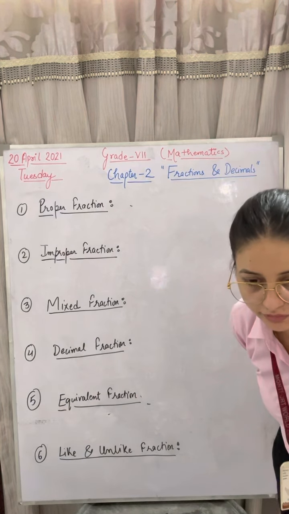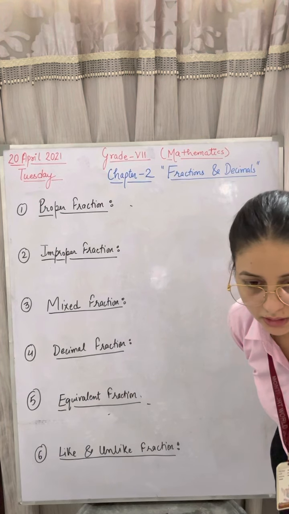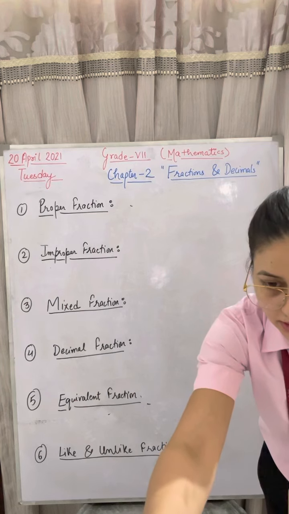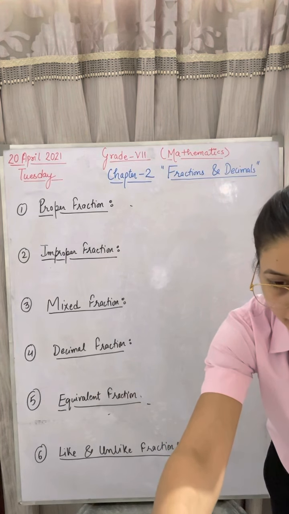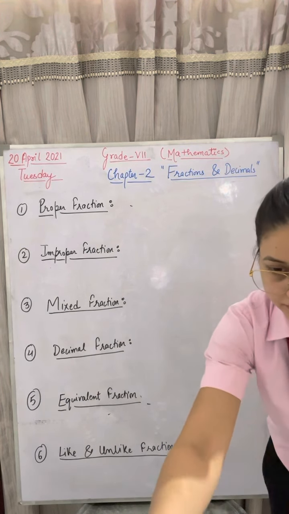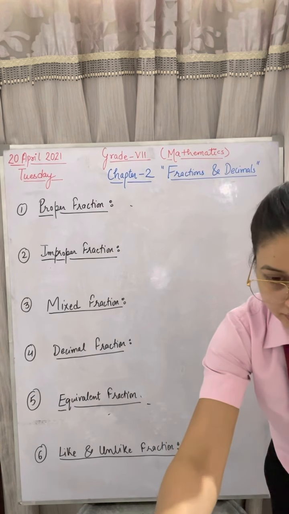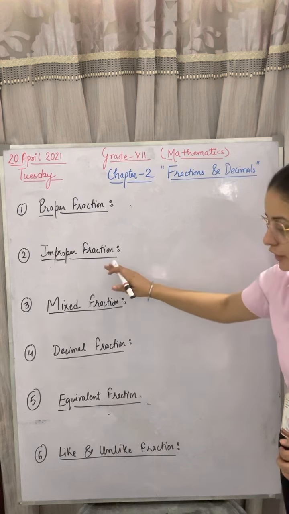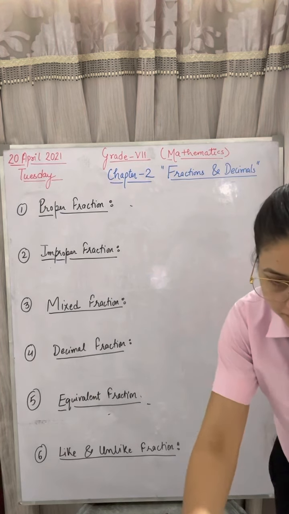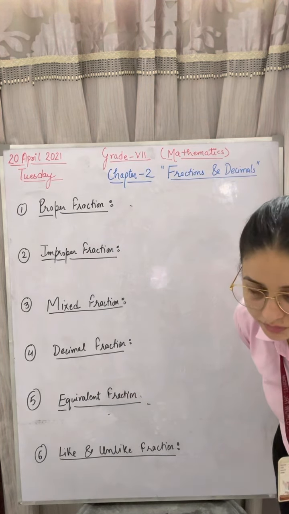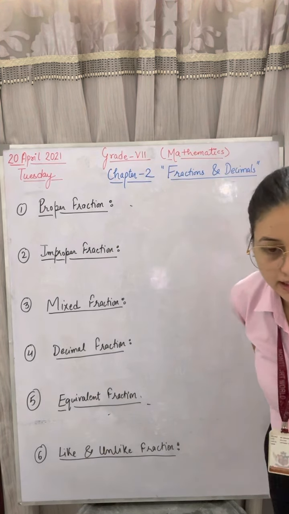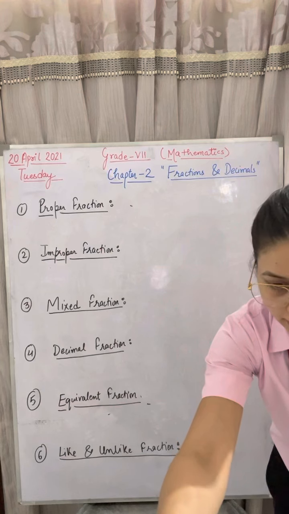After that, the next term will be... Okay, Ekampreet. Good morning, ma'am. Very good morning. Ekam, tell me what do you mean by an improper fraction? Ma'am, an improper fraction is one in which the denominator is small and the numerator is big. Very nice, very nice.